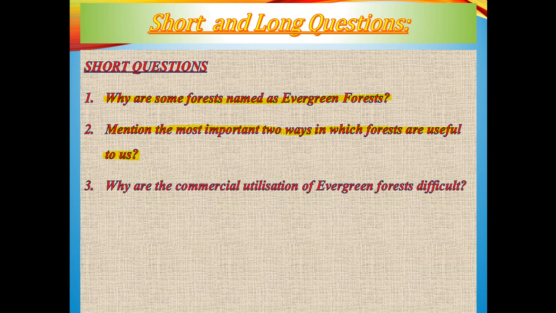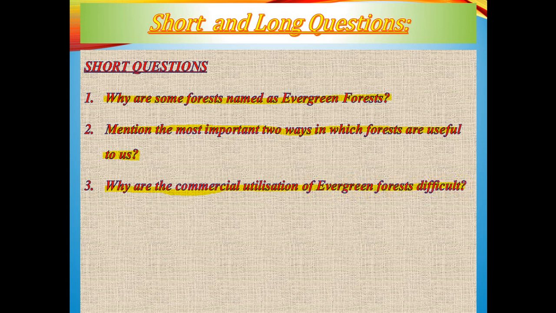Because if the wildlife are at the verge of extinction, there will be totally ecological imbalance which will not be beneficial for any of the living organisms, or the food chain will be disrupted. So the two ways, number one is providing oxygen, and number two, maintaining the environment by providing habitat to the wildlife.